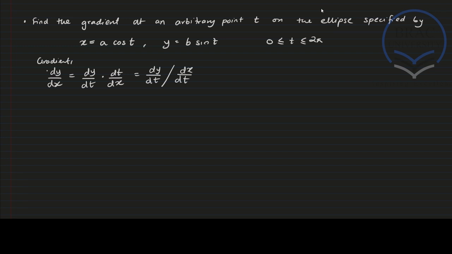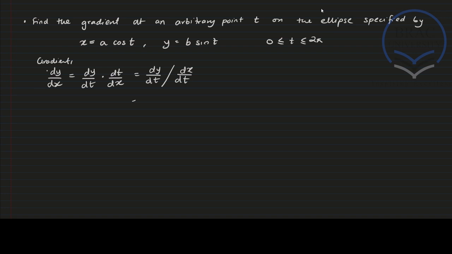One thing to note here that is important is that we are differentiating y and x with respect to t, and that is because the expressions specified in the question for x and y are functions of t only. So it's important that we differentiate with respect to t.